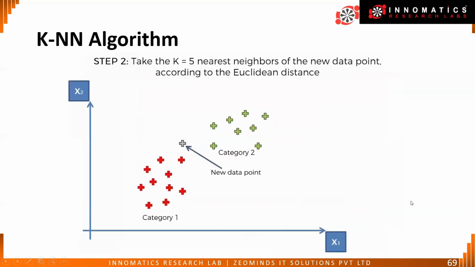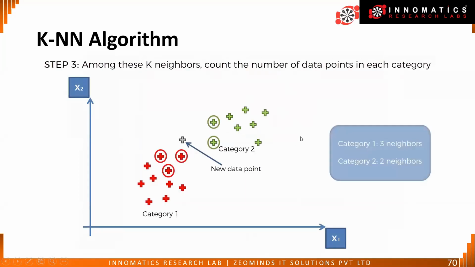Now what I will do is find the distance from this point to all the other points, and I get 5 points. 3 points belong to the red category, and 2 points belong to the green category. So finally, you can calculate a probability.